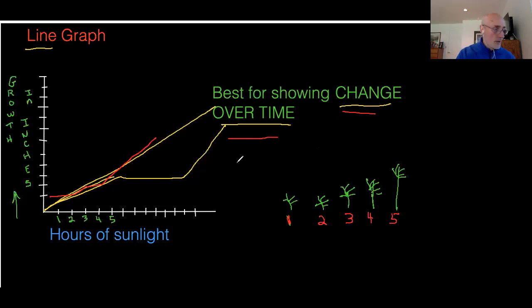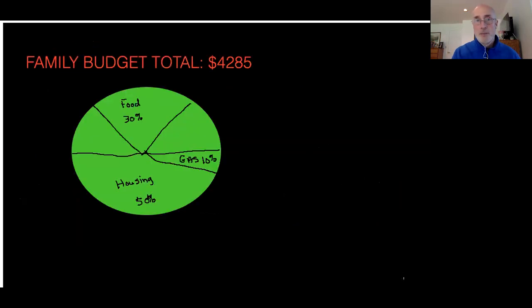Okay, so those are the three. Let me show you a scenario of a kind of problem that you might get. Okay, and so you can look at. Again, if I ask you what kind of chart this is, it looks like a pie with its pieces. It's a pie chart. Okay, and let's say that a family had a monthly budget, per month, of $4,285.